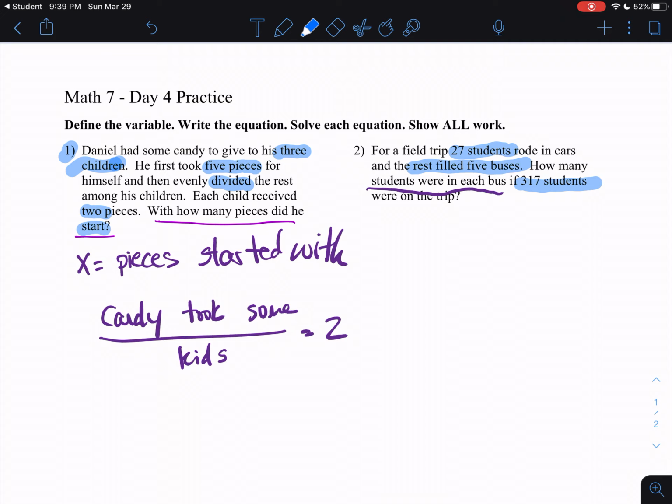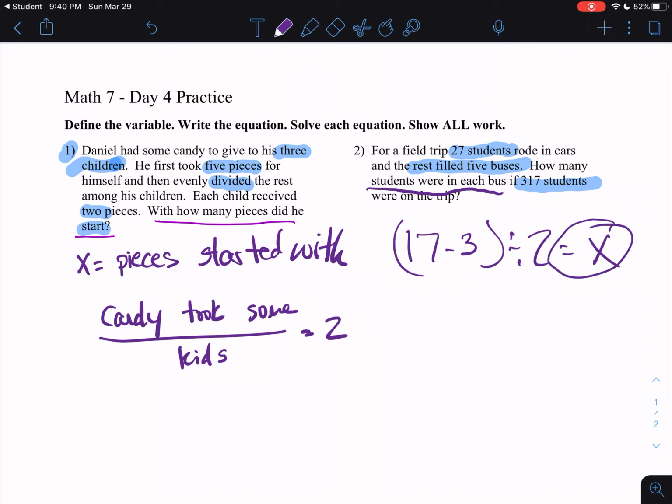When you write equations, it is not an equation if you have something like 17 minus 3 divided by 2 equals X. That's not an equation, ladies and gentlemen. That's an expression equivalent to X. When you write an equation, X has to be embedded within the problem. So it could look something like this: 2x plus 3 equals 17.